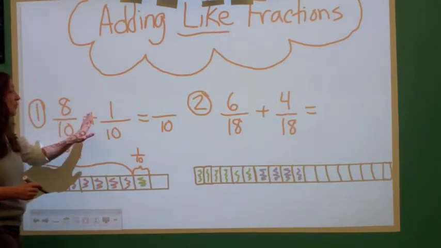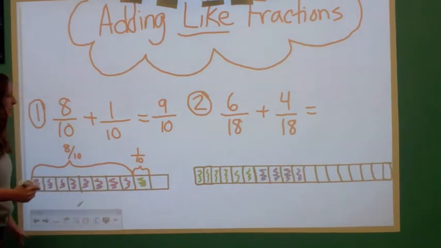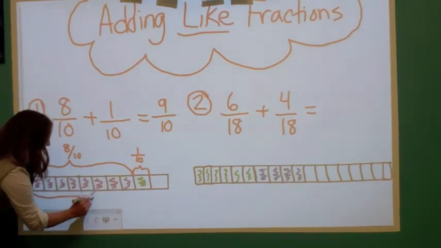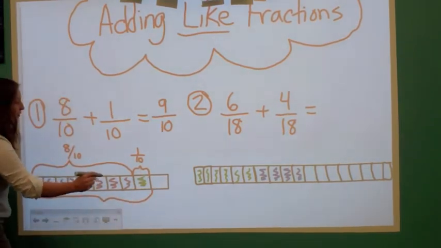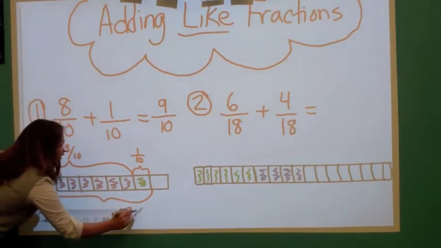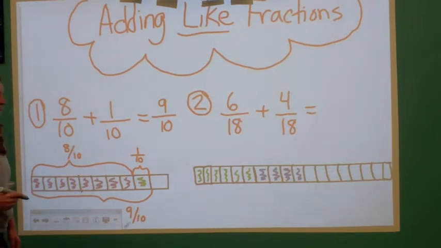So 8 plus 1 equals 9. And if I'm looking at my bar model that I drew, I could say that now putting both of these two fractions together will give me 9 out of 10 pieces colored.